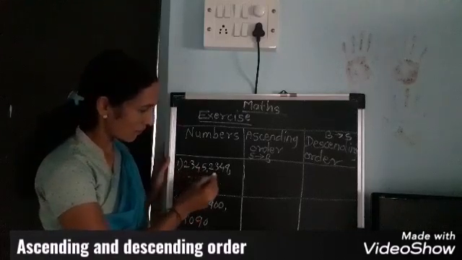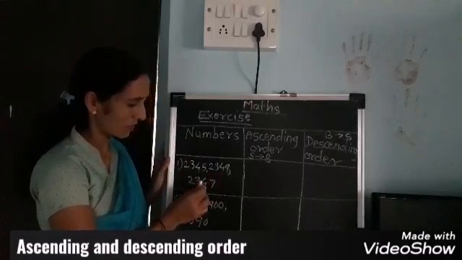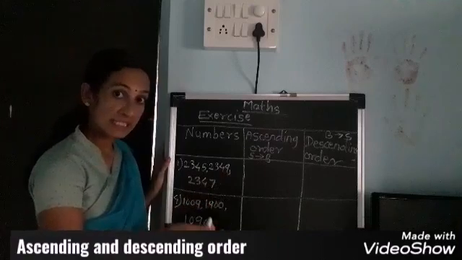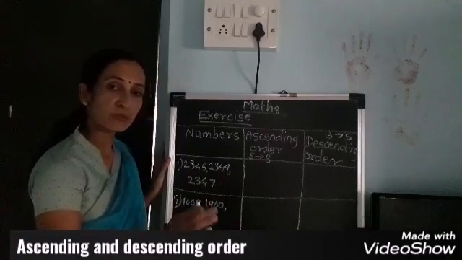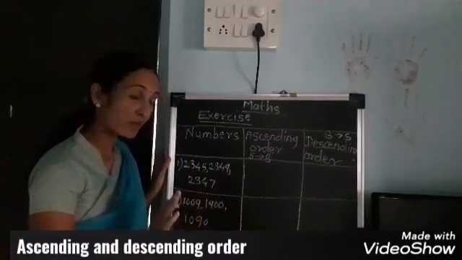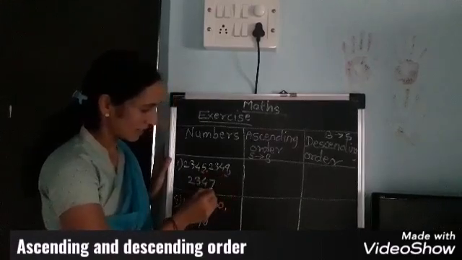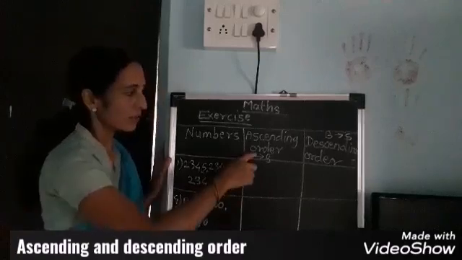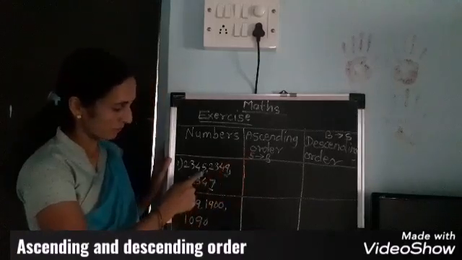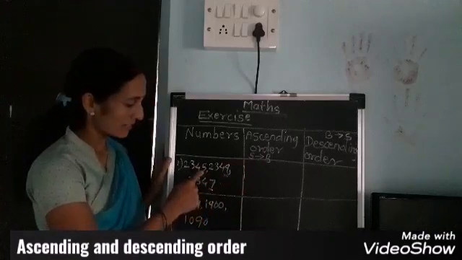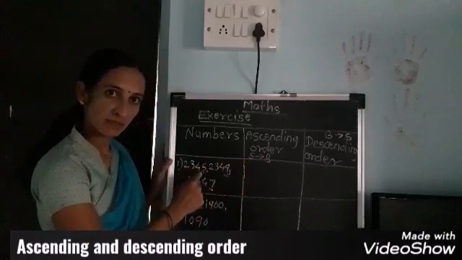Now here 4, 4, 4. Again in the tens place all digits are the same in all numbers, so don't consider the tens place also. We will see the units place. Here 5, here 9, here 7. Now tell me which is the smallest number? 5, 9, 7. In this, which is the smallest? 5 is the smallest, so this is the smallest number.